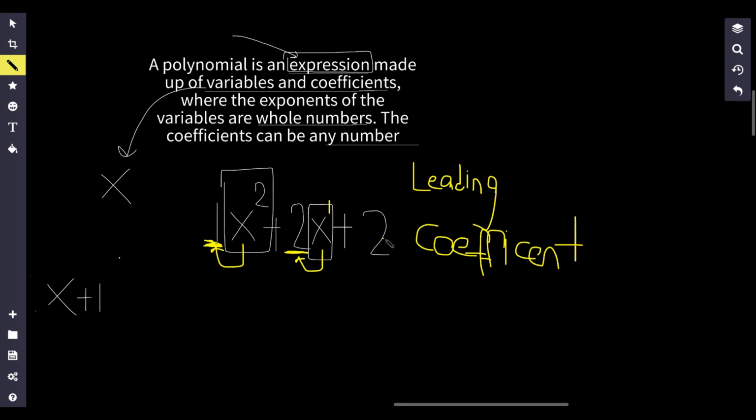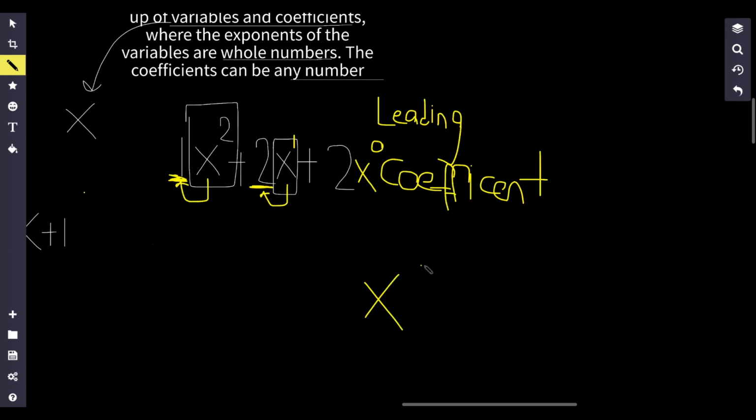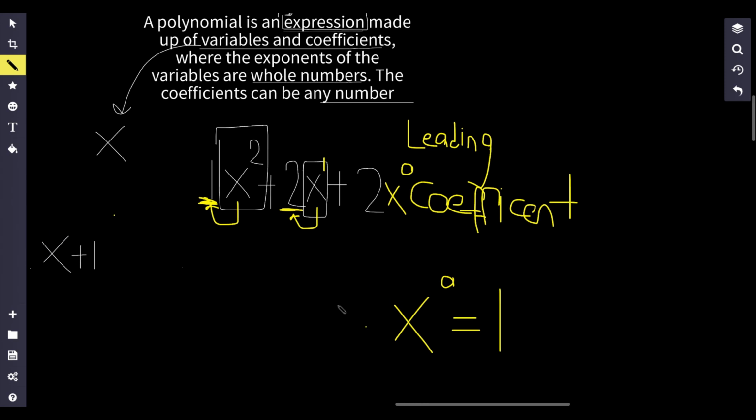And you can think about this 2 right over here as having x to the 0th power, because x to the 0th power is equal to 1. So 2 times x to the 0th power is the same thing as 2 times 1, which is just 2. Notice how I did not change the value of this 2. This is still the same value as it was before.